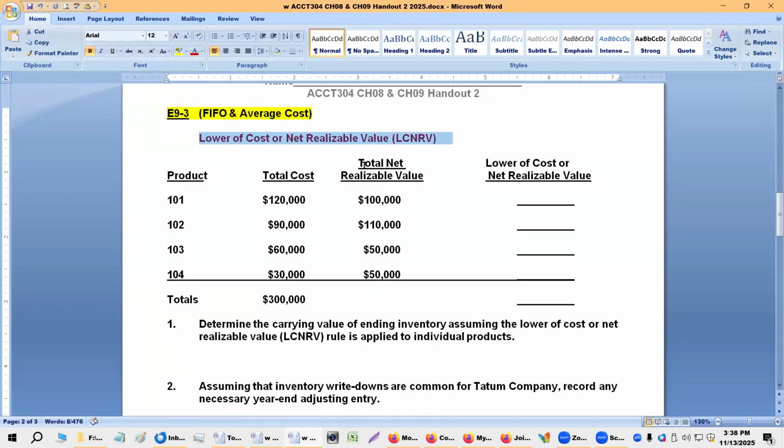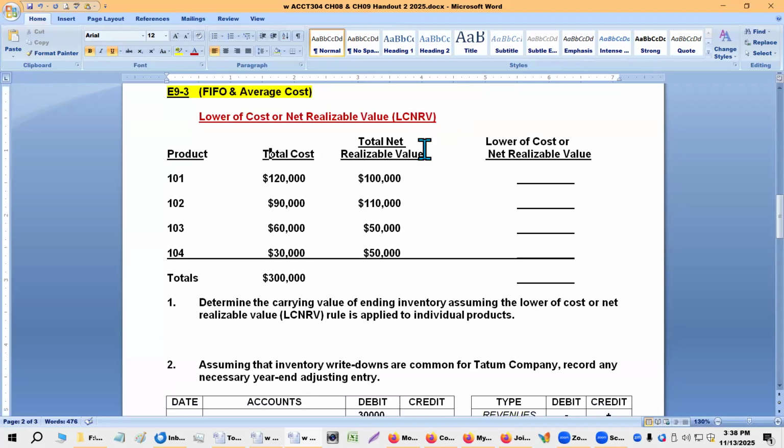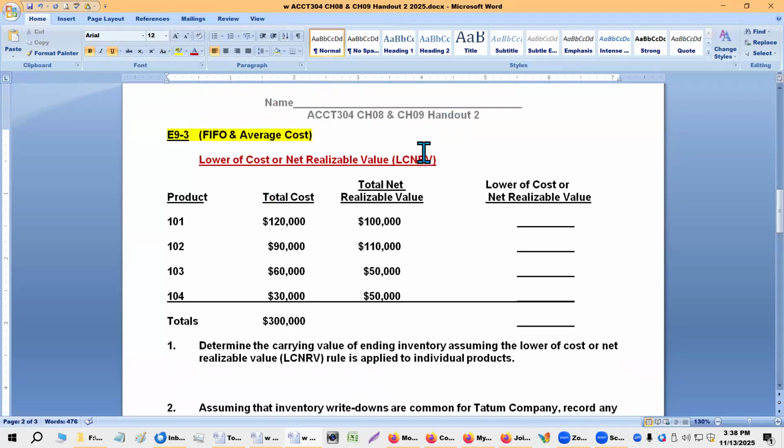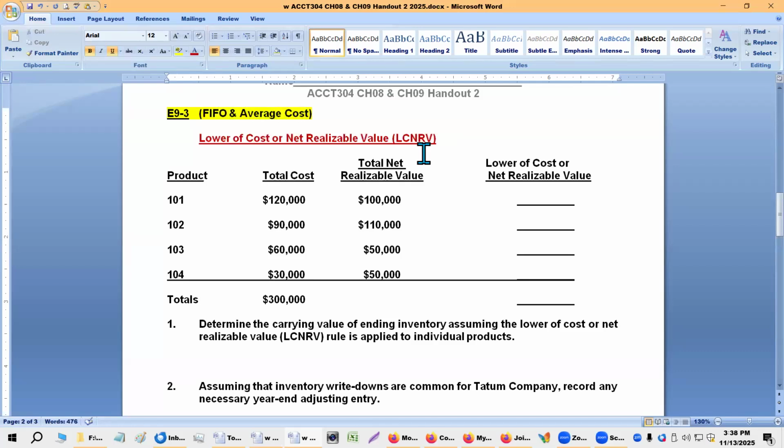This one's kind of new, and one of the reasons why I want to talk about it is the things that are new are more likely to appear on the CPA exam than the older things. This one was really set up like this so that it kind of matched up with the international standards, which is a good thing. It's always good to have the same between one and the other.